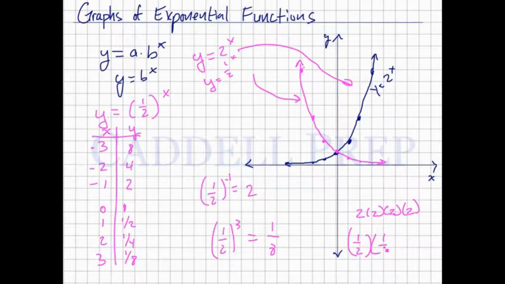Then you multiply that by a half, so you got a fourth, even smaller. Multiply that by a half, and you go down to an eighth. So if you have a base that's greater than 1, it's going to grow rapidly. If you have a base that's less than 1 but positive, it's going to decrease or decay rapidly.